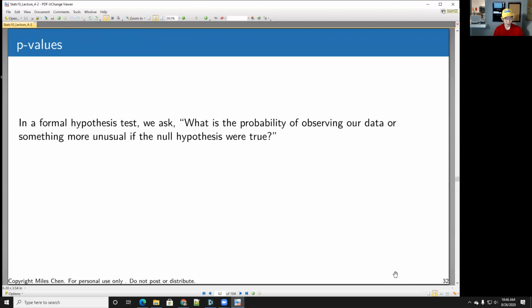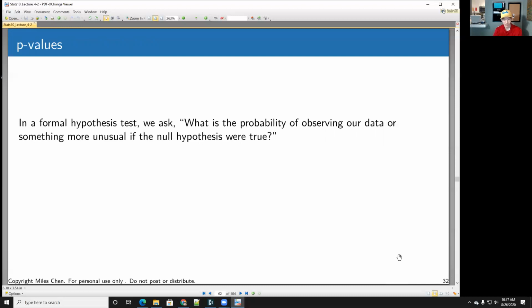What we're going to do is formalize the hypothesis test rather than just rely on our intuitive gut feeling. We're going to try to get a quantity that says, what is the probability of observing our data? What is the probability of getting the outcome that we've observed or something more unusual if the null hypothesis were true?